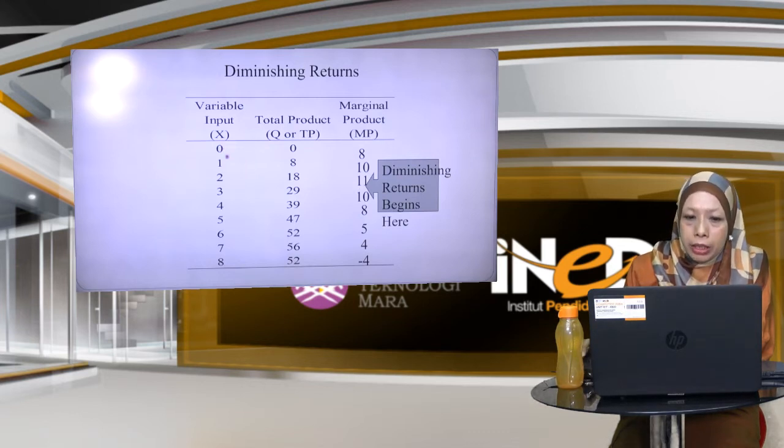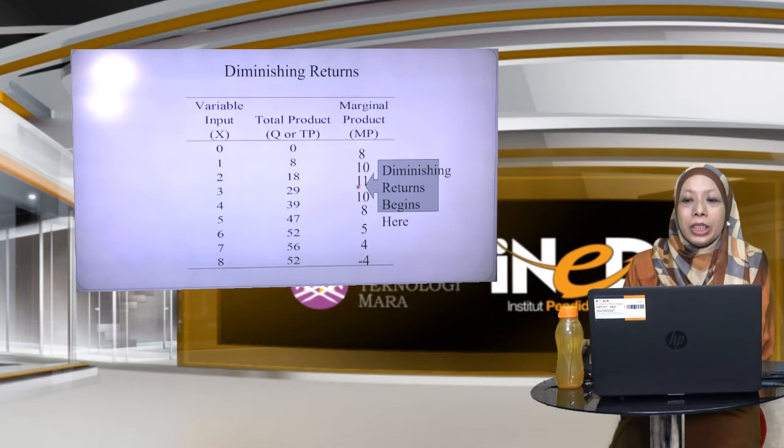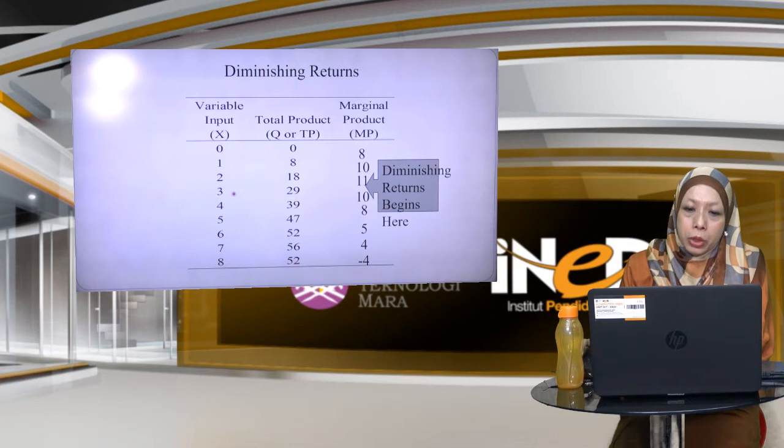So when you increase inputs from 0 up till 3 units of labor, you can see that marginal product also increases. Now this is known as increasing return. So when the contribution of each labor increases, this is known as increasing return.